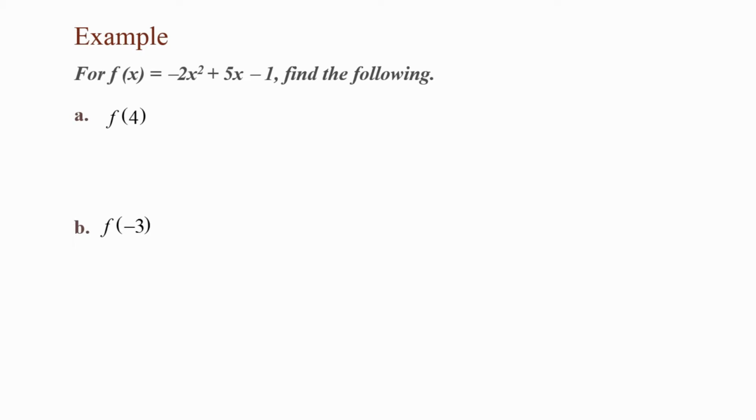In this example, we want to find the following. For f of x equals negative 2x squared plus 5x minus 1. Part A, f of 4.